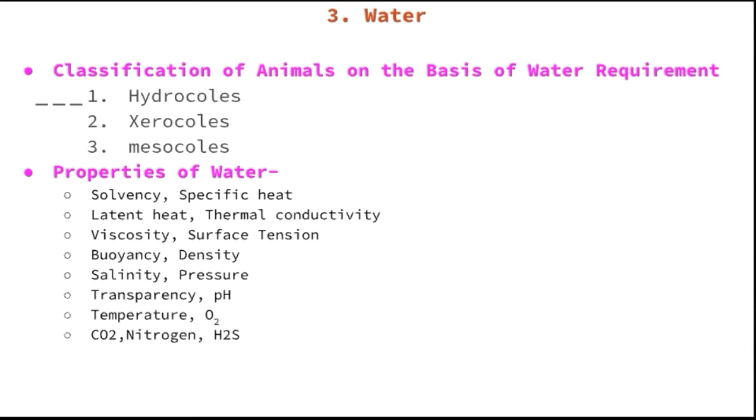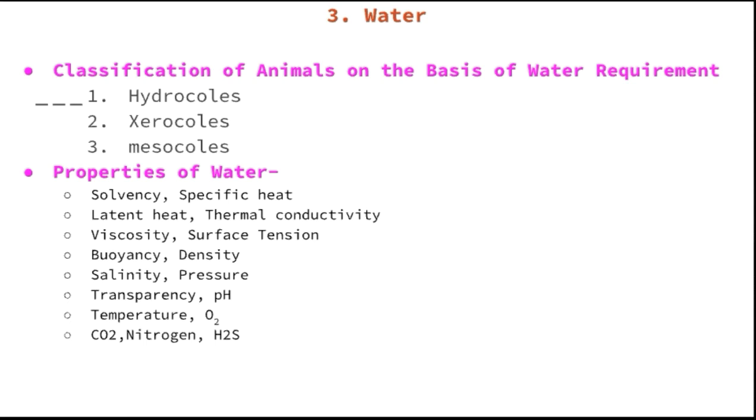Another is the properties of water. We know very well, solvency is the main and important property of water. Water is the only solvent which dissolves the maximum number of organic and inorganic substances, hence it is called the universal solvent. Another is the specific heat. The specific heat is defined as the number of calories necessary to raise 1 gram of water by 1 degree Celsius.